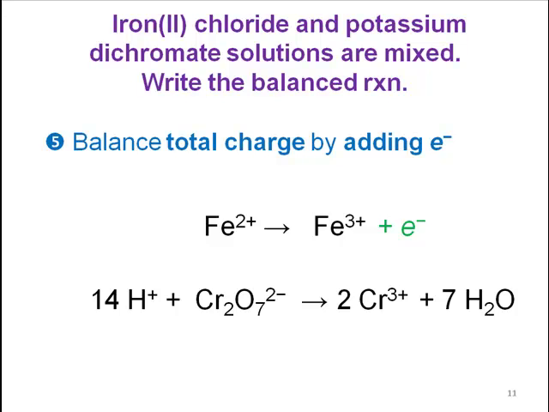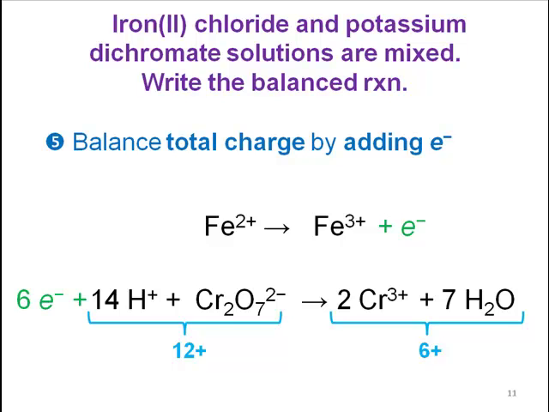Thank you for the coefficient analysis. Can't forget about those coefficients. So on this side we've got 12 positive. On this side we've got 6 positive. So now we need to have where the electrons go. Right side or left side? Left side. And how many do we have? Of course, 6. That's it.